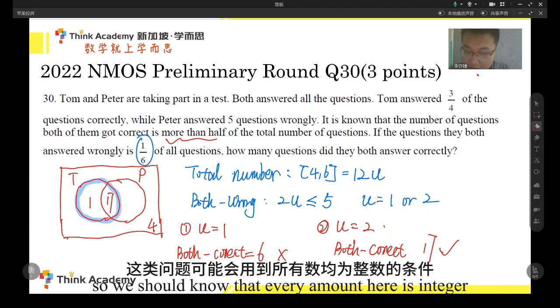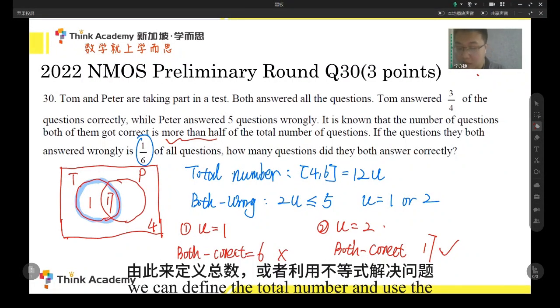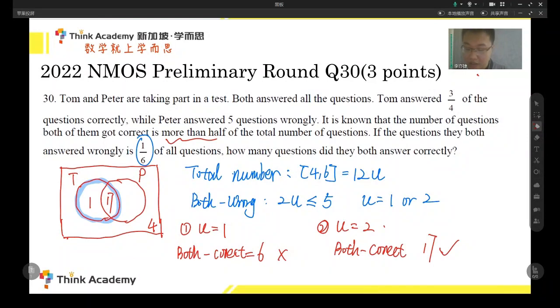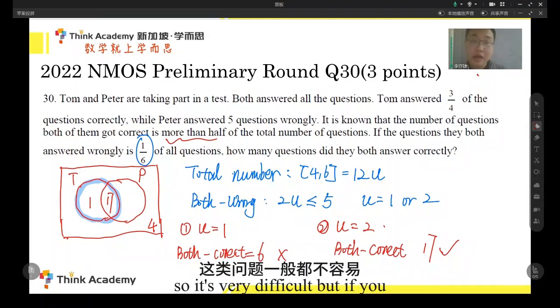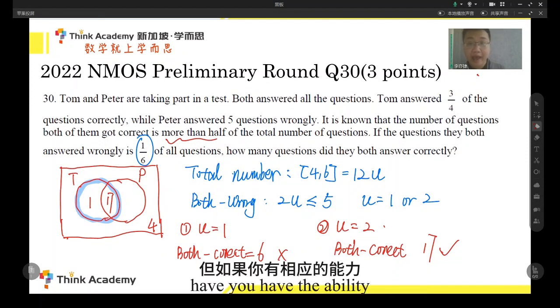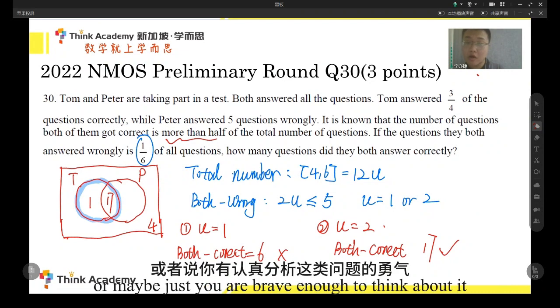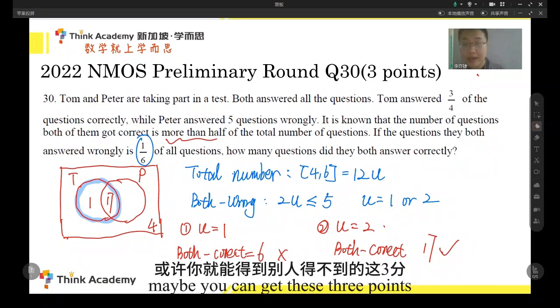So we should know that as every amount here is an integer, we can define the total number and use inequalities to help us solve the problem. It's very difficult, but if you have the ability, or are brave enough to think about it, maybe you can get these 3 points other people can't.